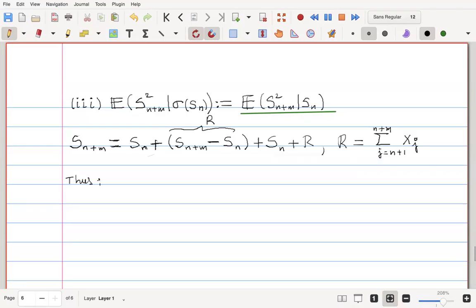So we can say that S n plus m square, don't forget that that's what we want to compute, the square. So if we write that, it will be the product. Oh, sorry, this is equal, not plus. It's a typo. So that is equal.